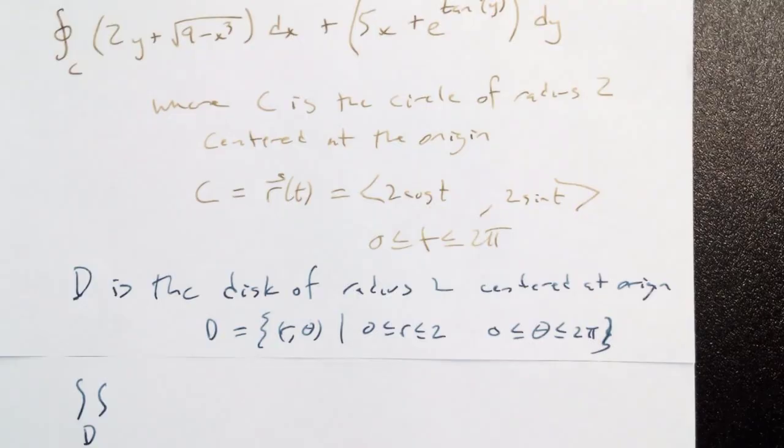I do my partial derivatives like I was going to do to check if this is conservative. I need qx minus py.